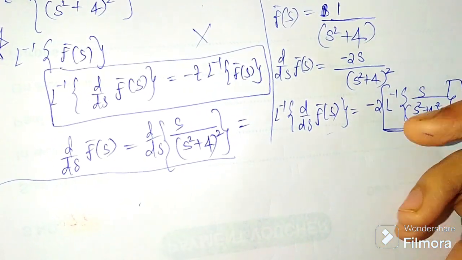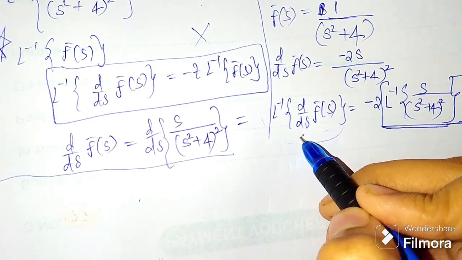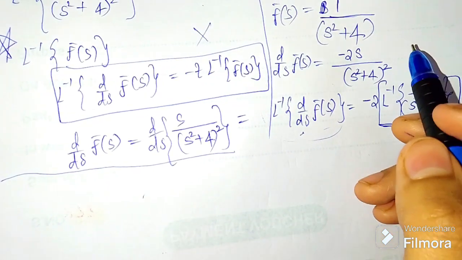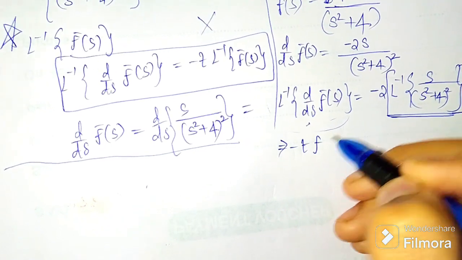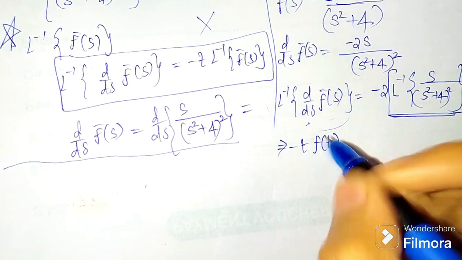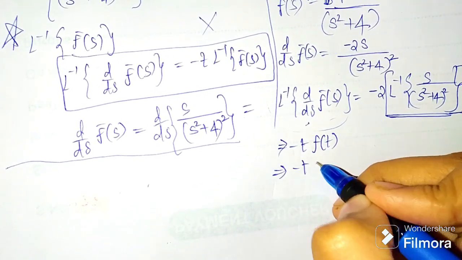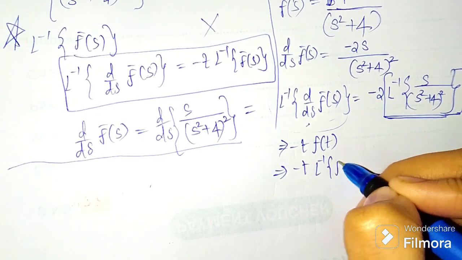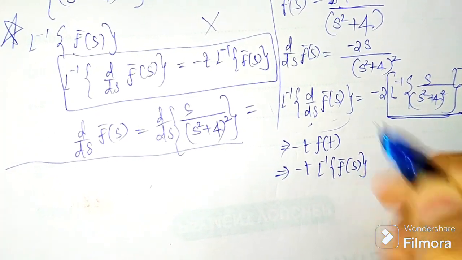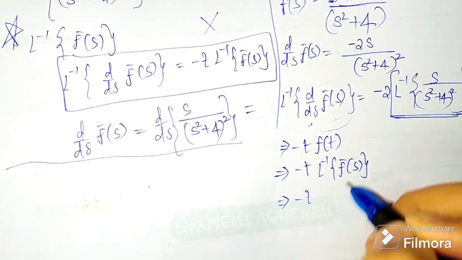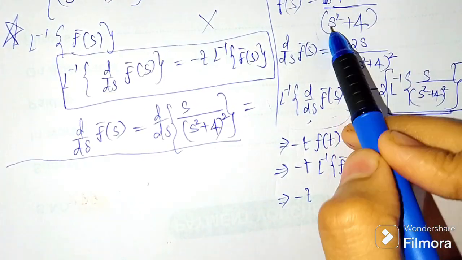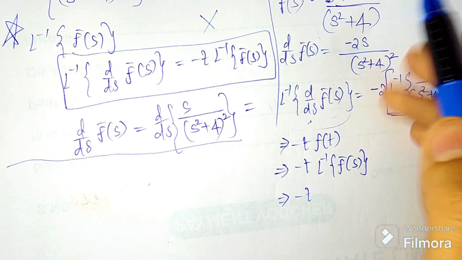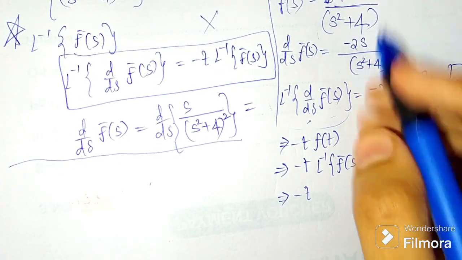So that's it. This is easy, no? Derivative of this is easy, which is minus t f of t. Or I can write minus t Laplace inverse of f bar of s. What is Laplace inverse of f bar of s? Means this one, 1 by s square plus 2 square, which is sine 2t by 2.